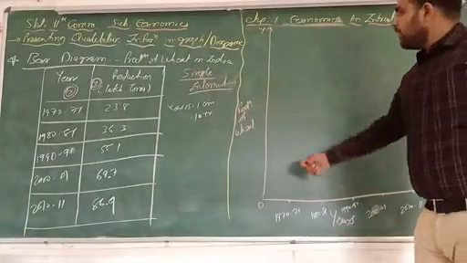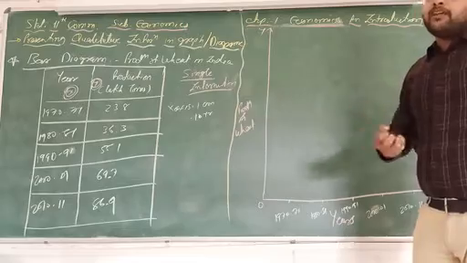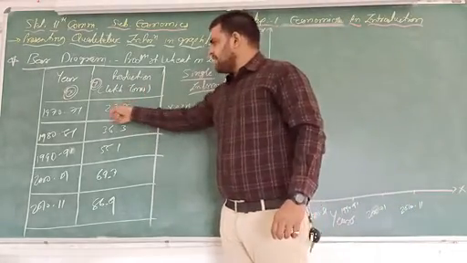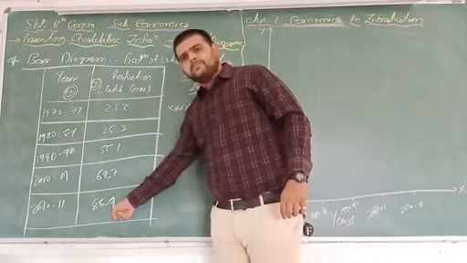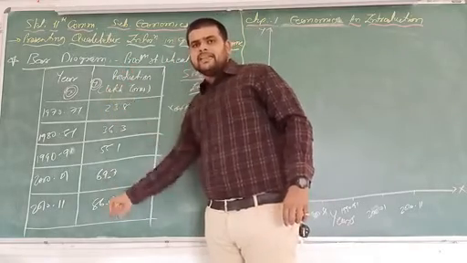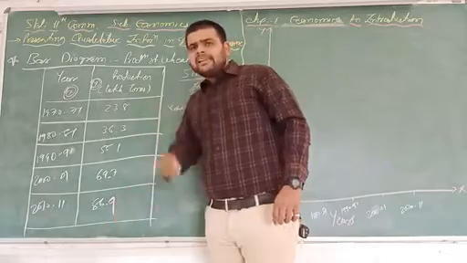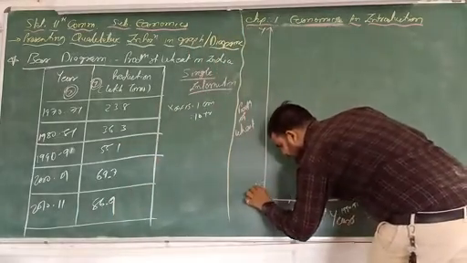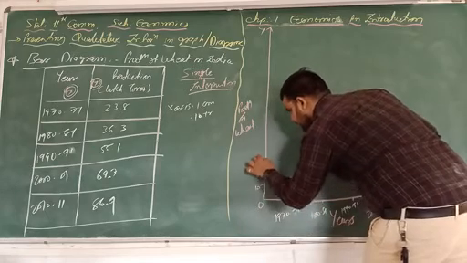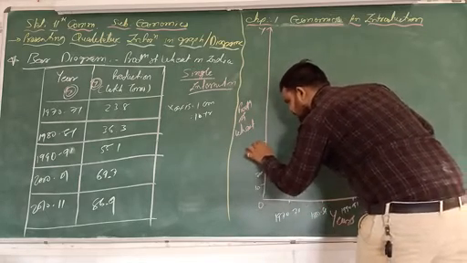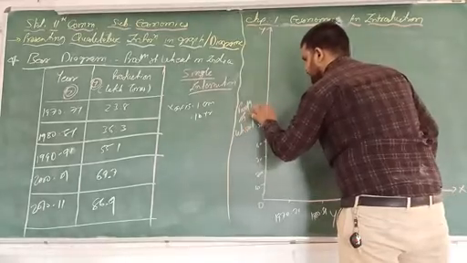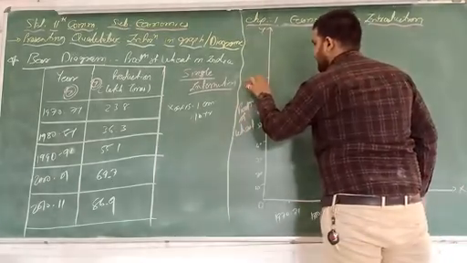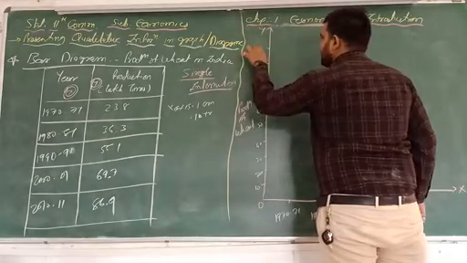Again, on the y-axis, first of all we have to see the data, minimum and maximum. Minimum 23.8, maximum 86.9. So we have to take a scale such that both the data are included. So here we take 10, 20, 30, 40, 50, 60, 70, 80, 90 and 100.